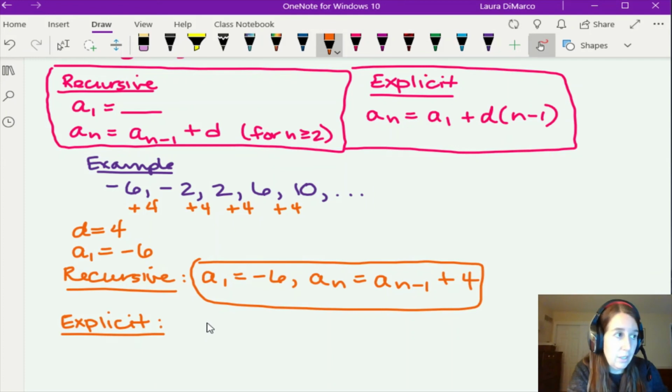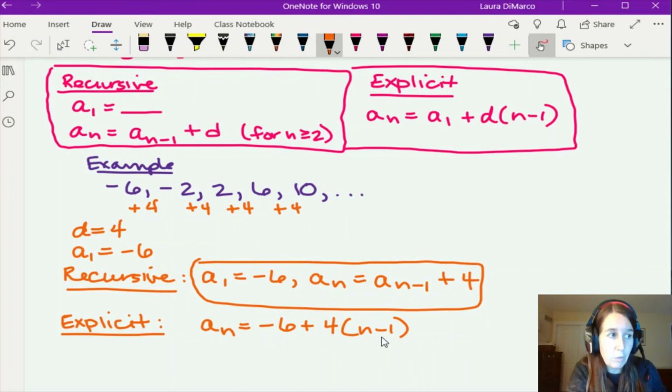Okay? For the explicit formula, I also just need to know the same thing. So a sub n is equal to the first term, -6, plus 4 times n minus 1. Now, we can leave it this way. We've done this before. Or sometimes you'll see this simplified a little bit. So in other words, we multiply that 4 through and then we combine like terms. So I like it this way.